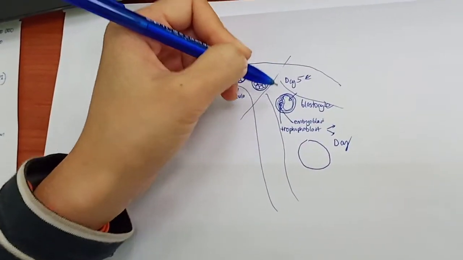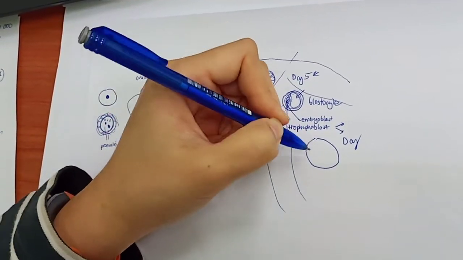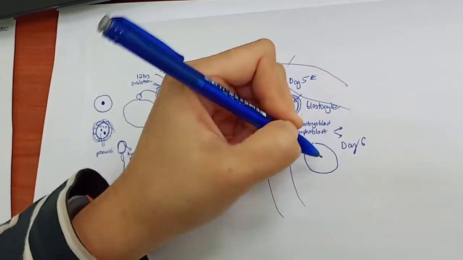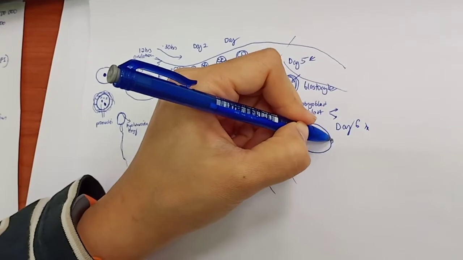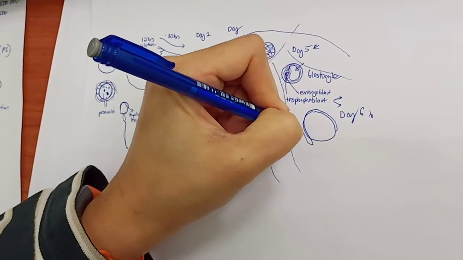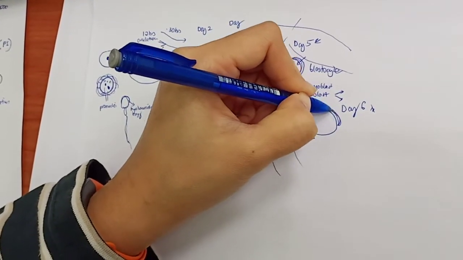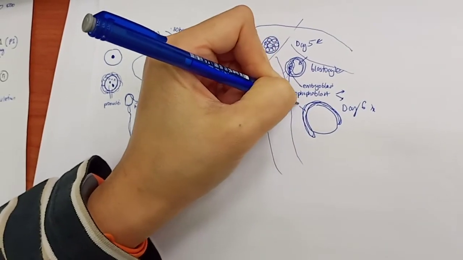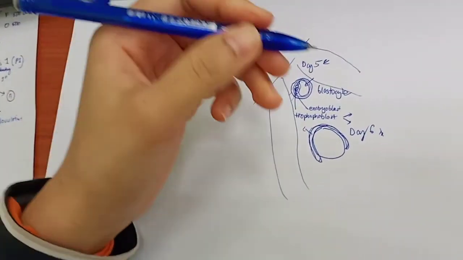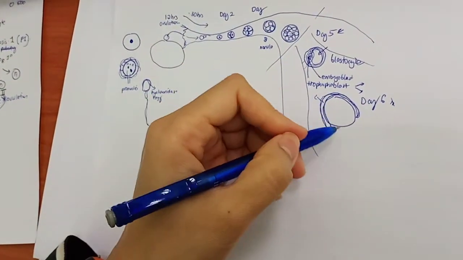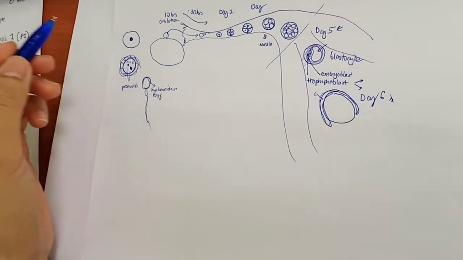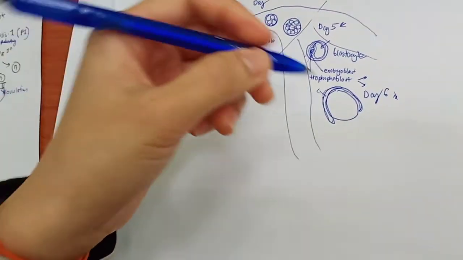Okay, but what I want to highlight is day 6. So on day 5, implantation starts to begin, and on day 6, we have the hatching of the blastocyst from the zona pellucida. It's just like an egg hatching, because it needs to grow, so it needs more space, so it needs to hatch from the previous cells surrounding it, which are the granulosa cells.